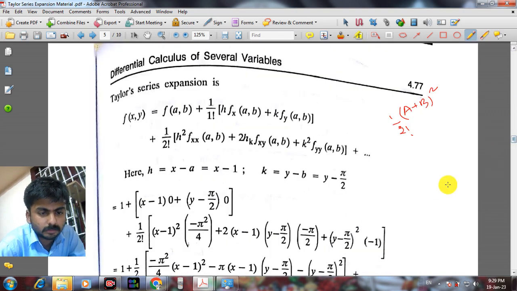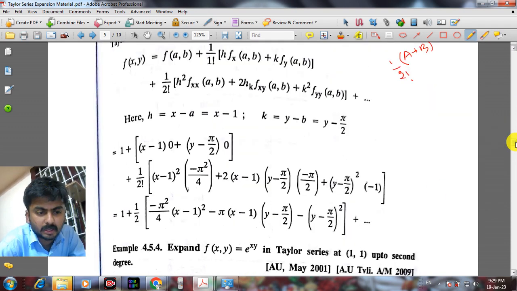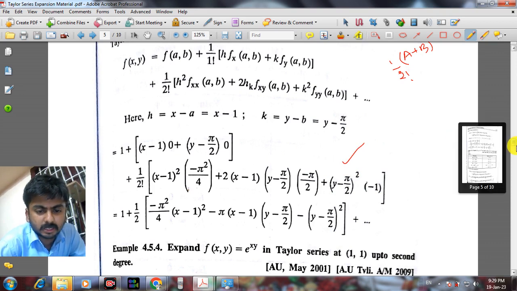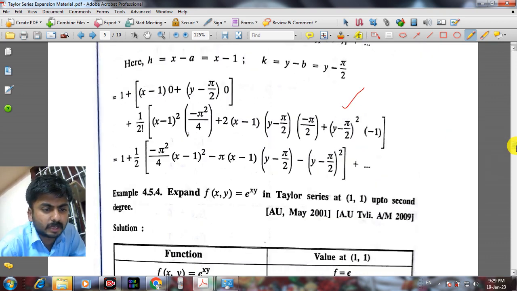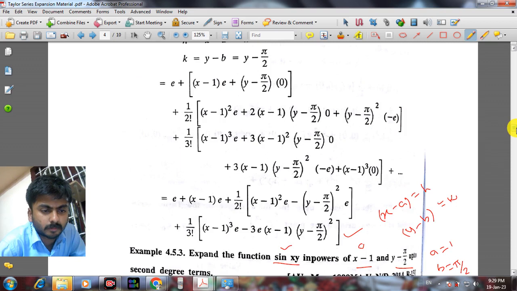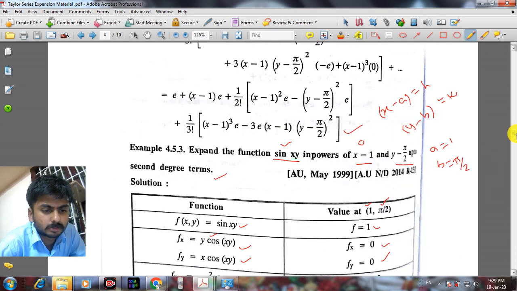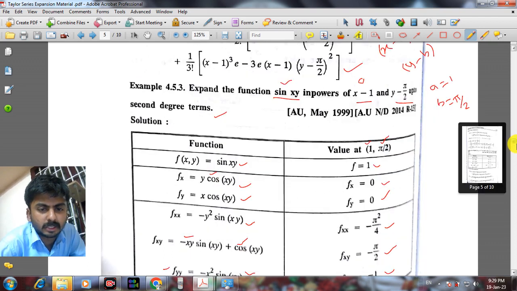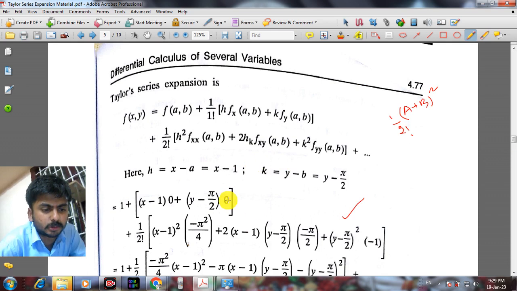Now we have this expansion. So h is x minus a, k is y minus b. We are substituting the values of h and k also in the above expansion.